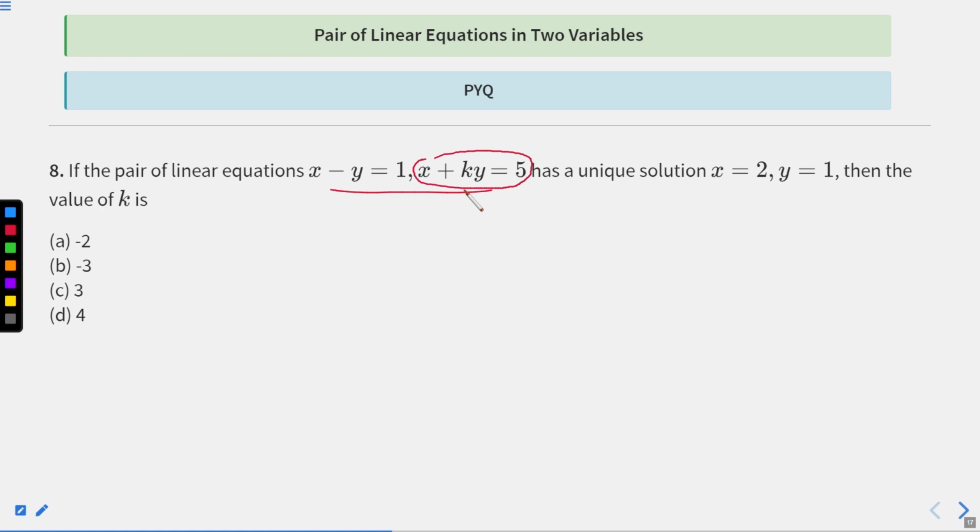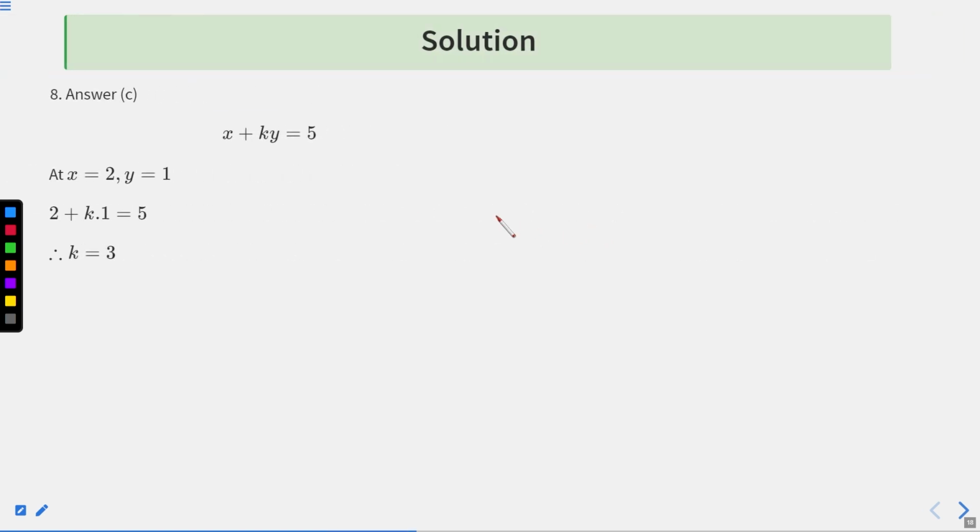So let us solve step by step. Here we are given the equation x + ky = 5. Now at x = 2 and y = 1, this equation will become 2 + k times 1 = 5.